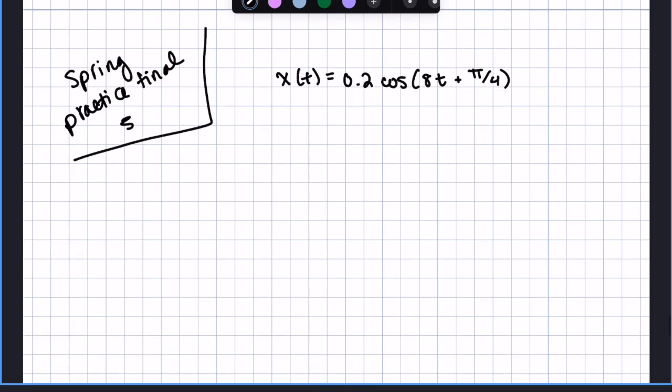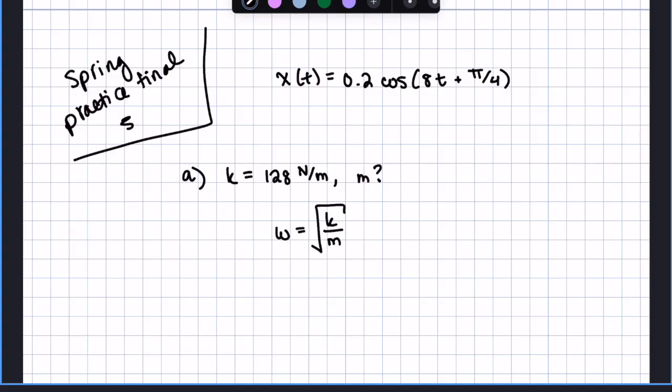Okay, so first we're looking for, if we know our spring constant is 128 newtons per meter, what is going to be the mass of our block? The first thing we have to connect our mass to our spring constant is going to be that angular velocity or angular frequency, depending on what you're calling it.